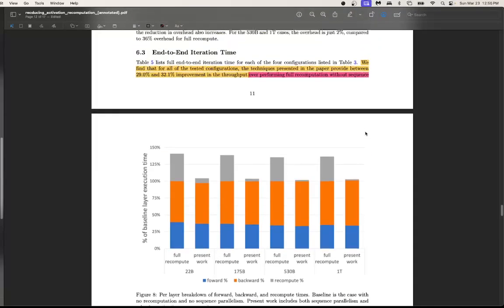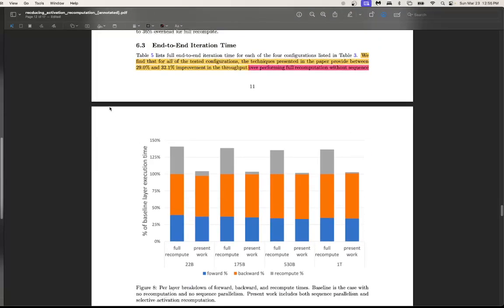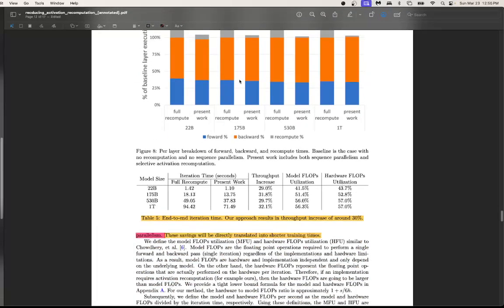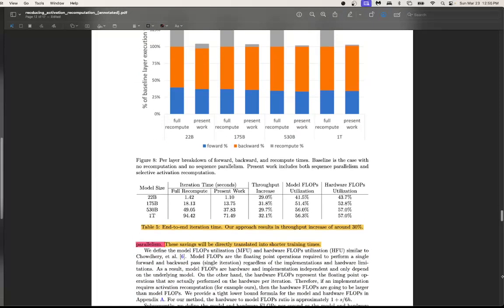And then iteration time, same thing here. They are now comparing using the baseline of full AC, right, full recomputation. And as you might expect, you get higher throughput because we're recomputing less stuff, right?